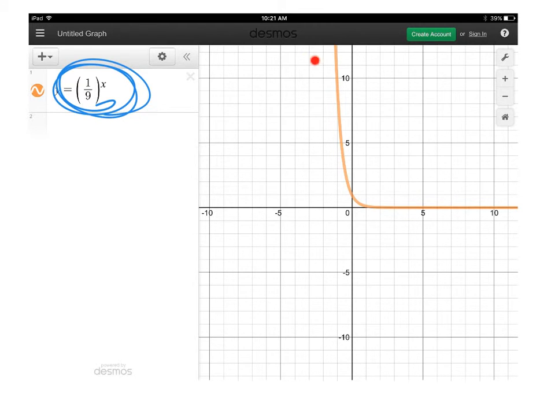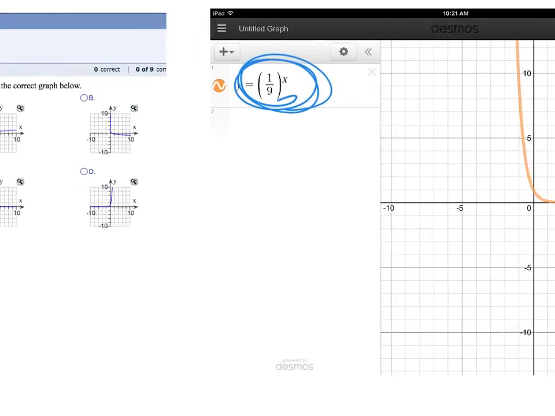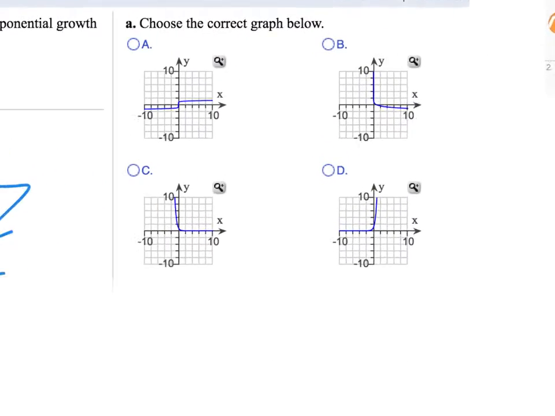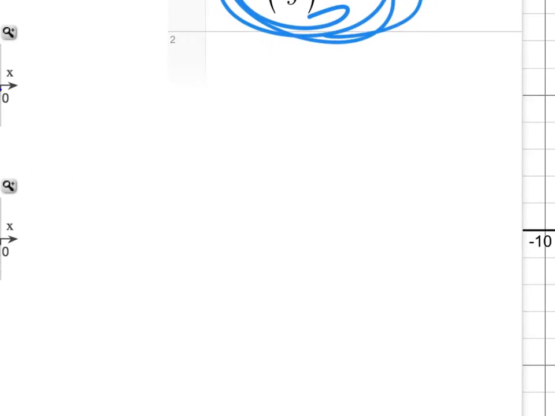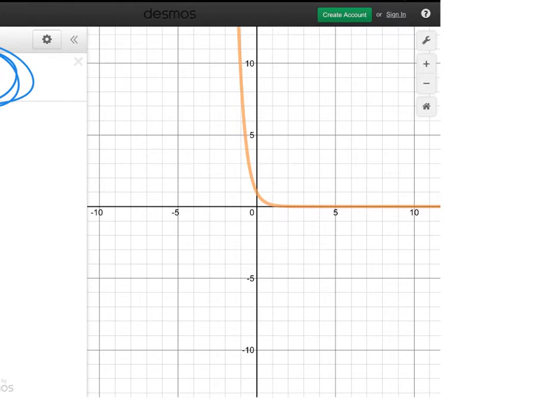And so when I look, I can see that I've got this swooping thing going down right here like this, kind of like the letter L. So looking at my options, if I'm looking for the letter L, well, I do have an L here and an L here, but when I look at my Desmos, I see that it never dips below the x-axis.